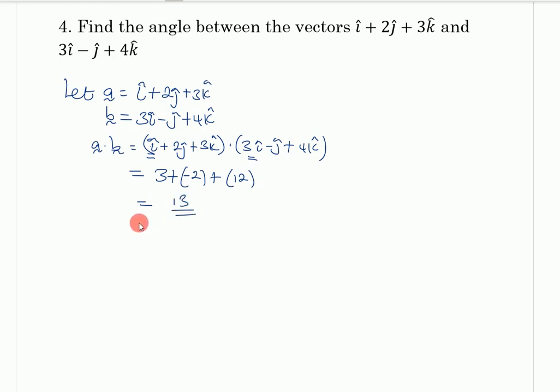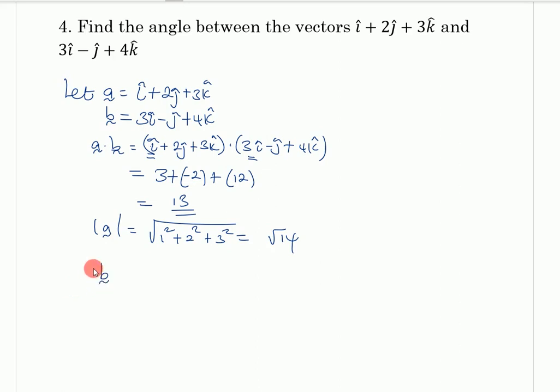We also need to get the magnitude of a, which is the square root of 1 squared plus 2 squared plus 3 squared, which is equal to the square root of 14.